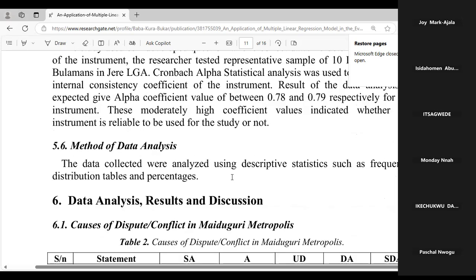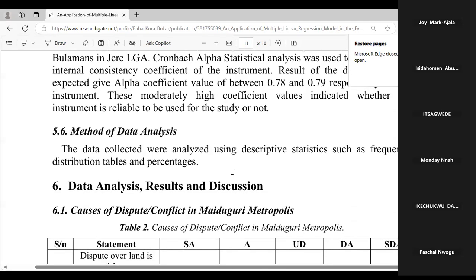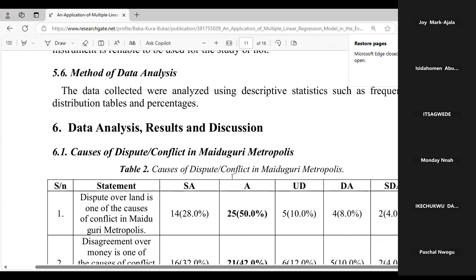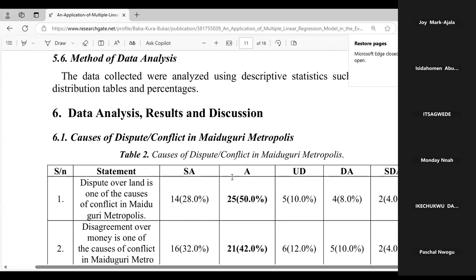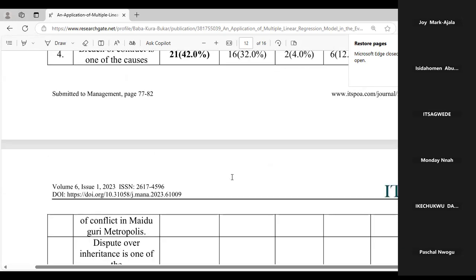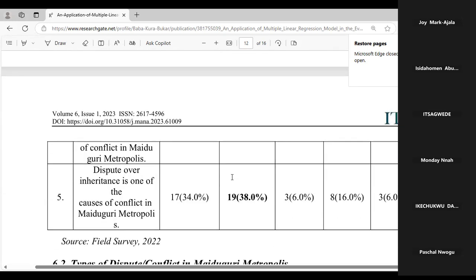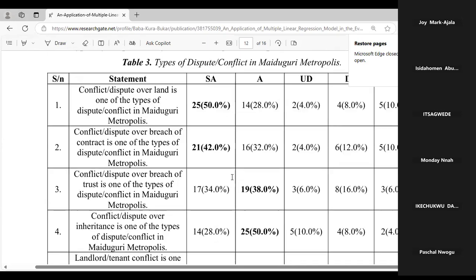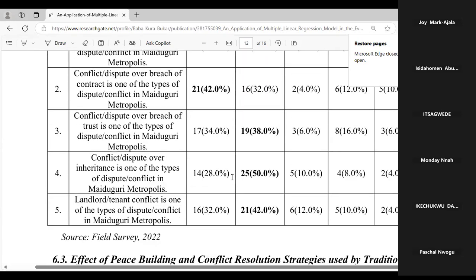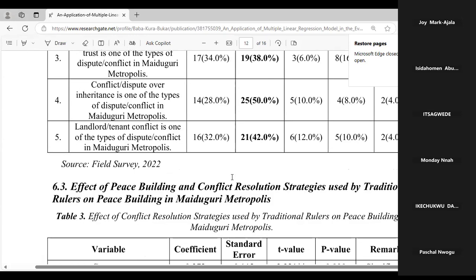Data collected were analyzed using descriptive statistics, and the title stated multiple linear regression. And the title is saying role. Oh my God.